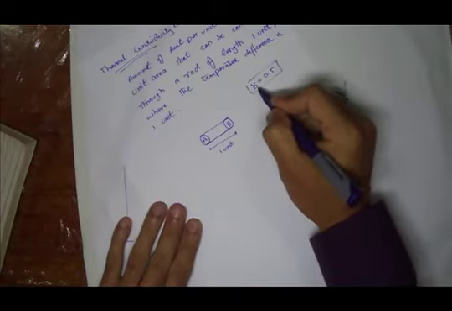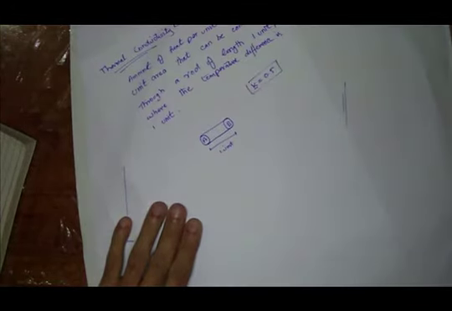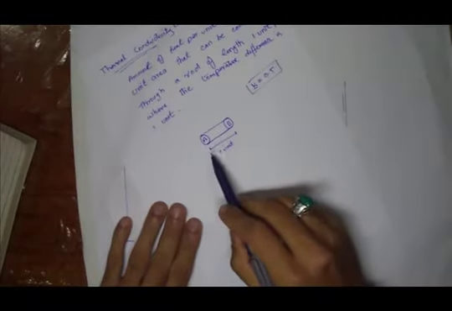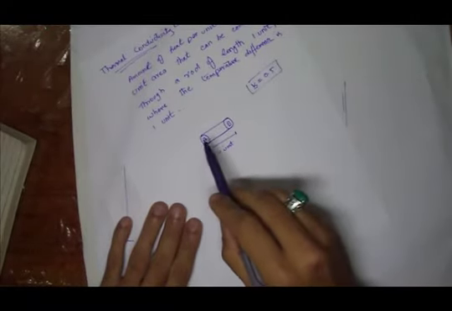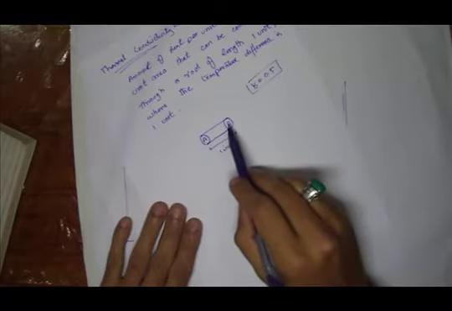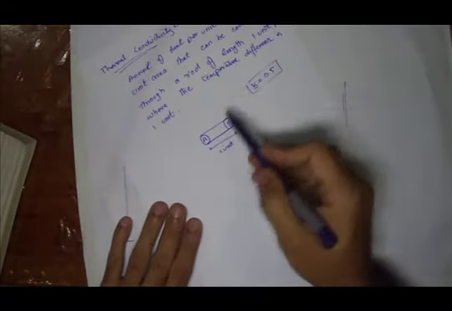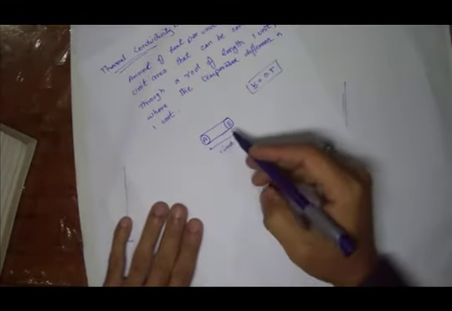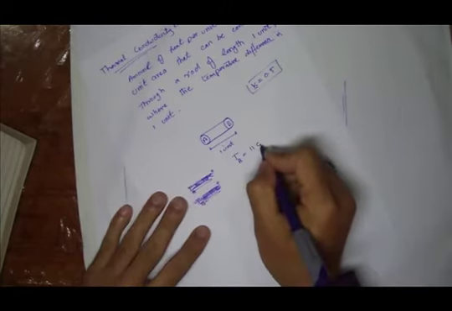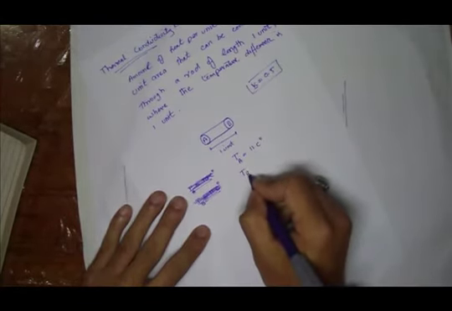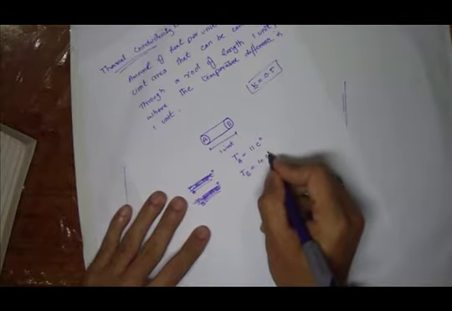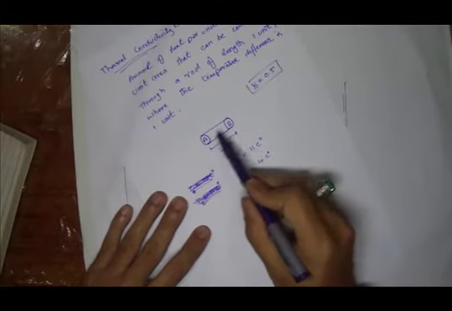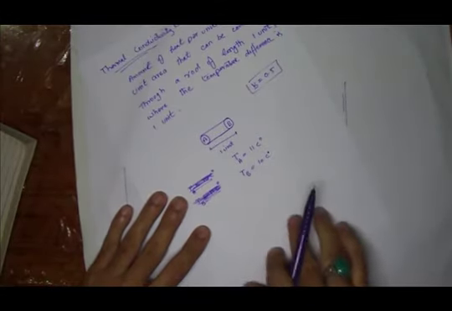We will use the symbol K to represent the thermal conductivity. Assume the temperatures of A and B are such that the difference between these two temperatures is 1 degree.